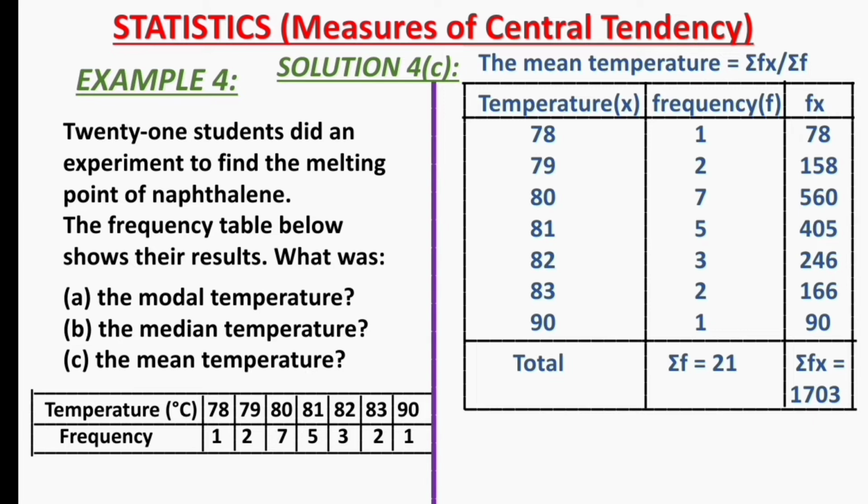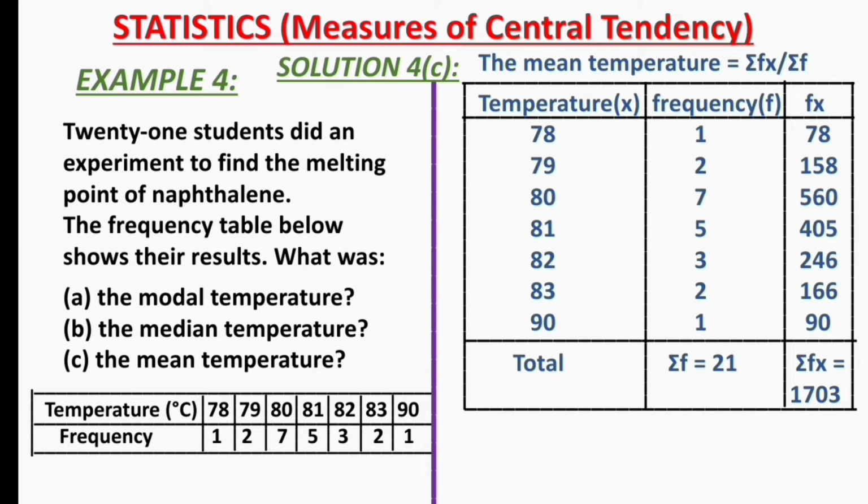So multiplying 78 times 1 will give you 78. 79 times 2 will give you 158. 80 times 7 will give you 560. 81 times 5 will give you 405. 82 times 3 will give you 246. 83 times 2 will give you 166. While 90 times 1 will give you 90.